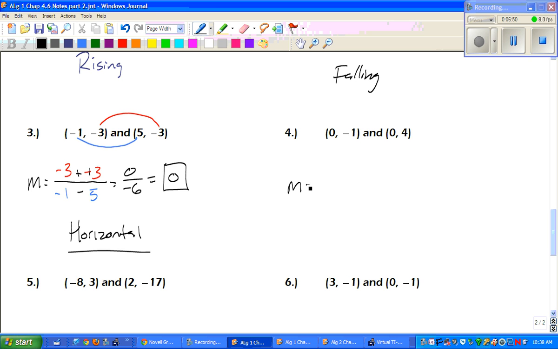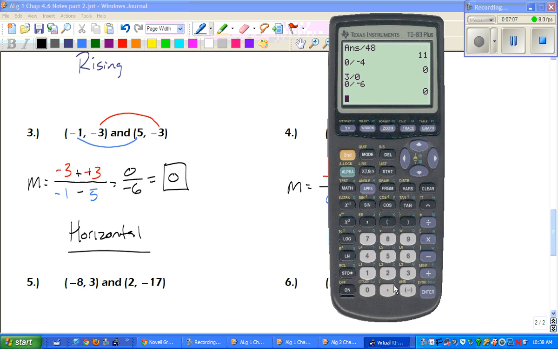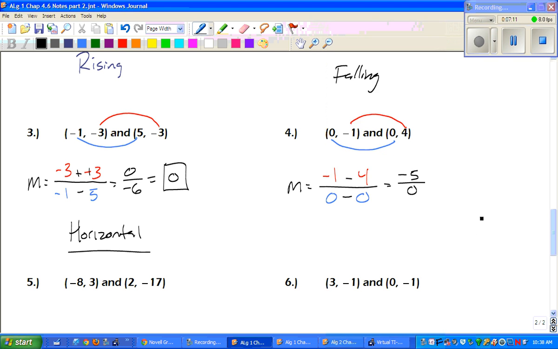All right, number 4. Those go on the top. Zeros go on the bottom. Get -5 on the top, 0 on the bottom. Plug it in your calculator just to double check which one it is. Oh, error.